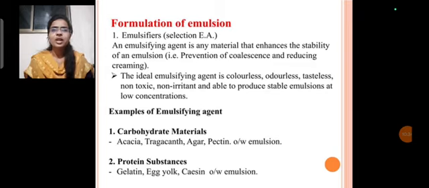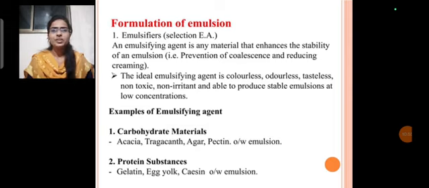Then we can see the ideal properties of emulsifying agent. It is colorless, odorless, tasteless, non-toxic, non-irritant, and able to produce a stable emulsion at low concentration. And we can see the various types of emulsifying agent.